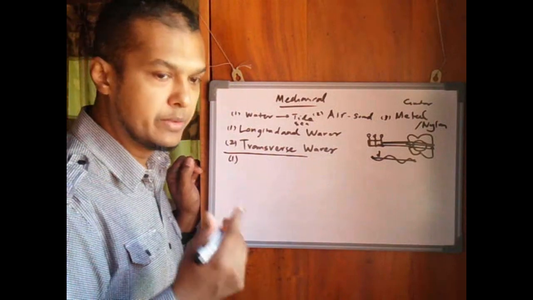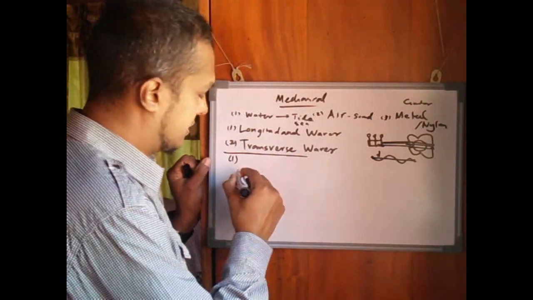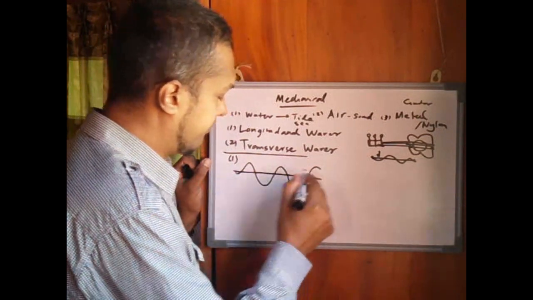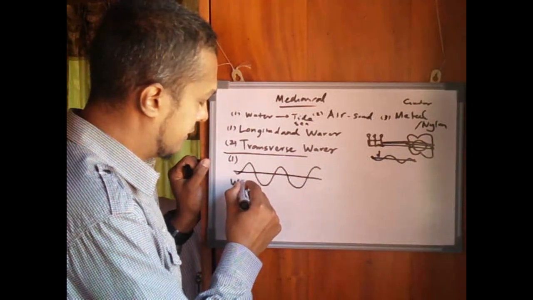Basically, for longitudinal waves, let's look at a wave first, such as a wave that occurs in water. That's the medium, water.